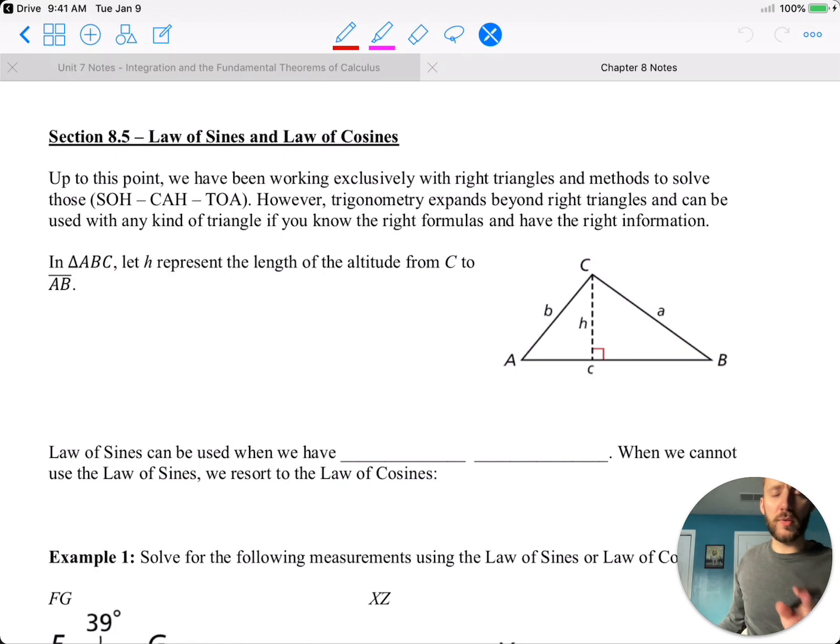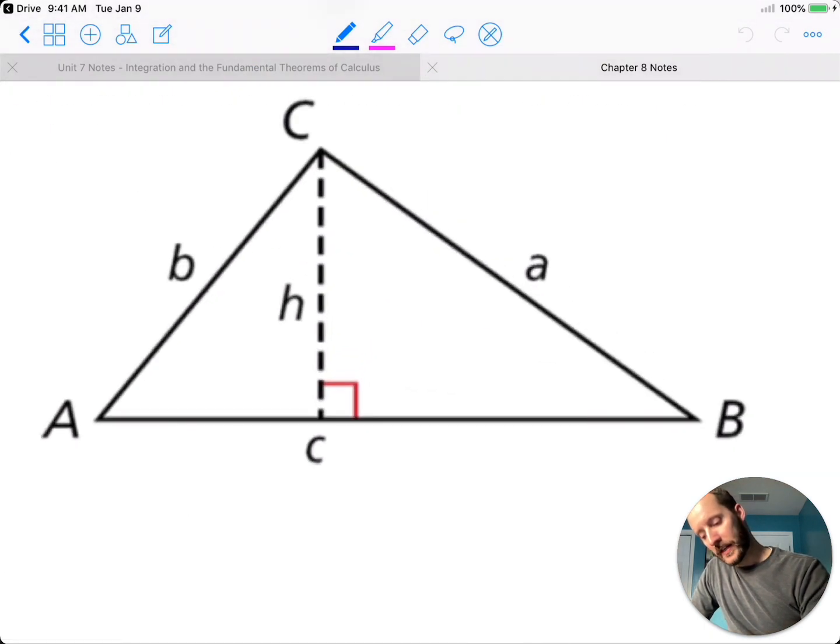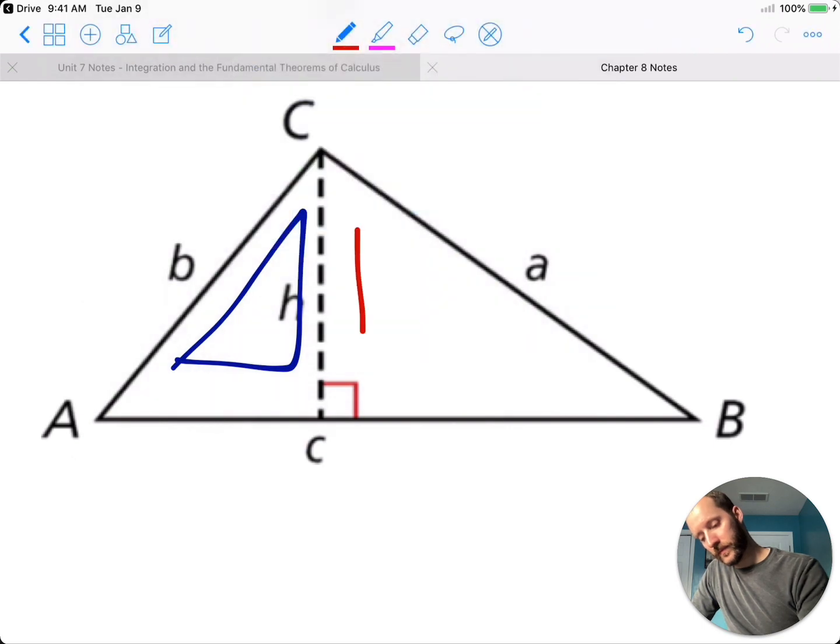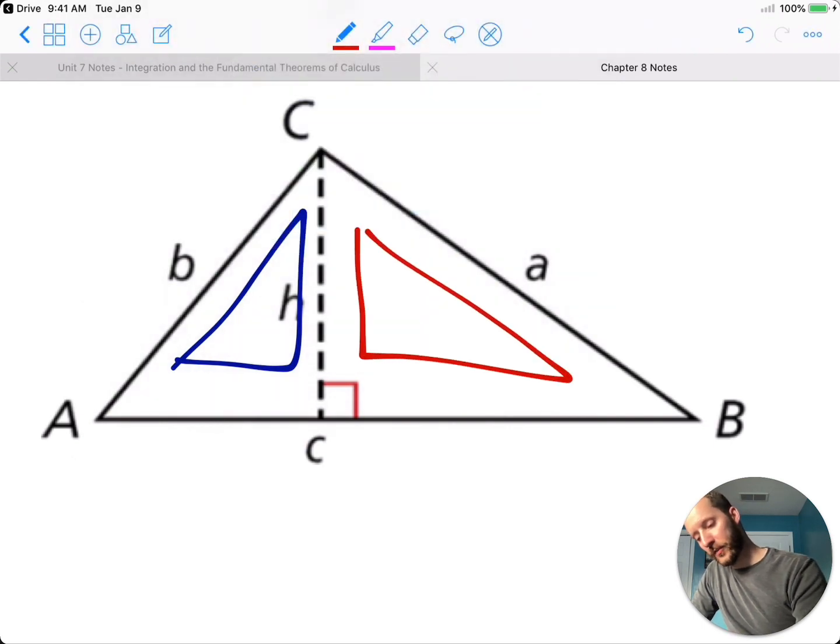So let's start with triangle ABC and construct the altitude, or the height, from angle C to line segment AB. So we have two triangles, the one on the left and the one on the right.